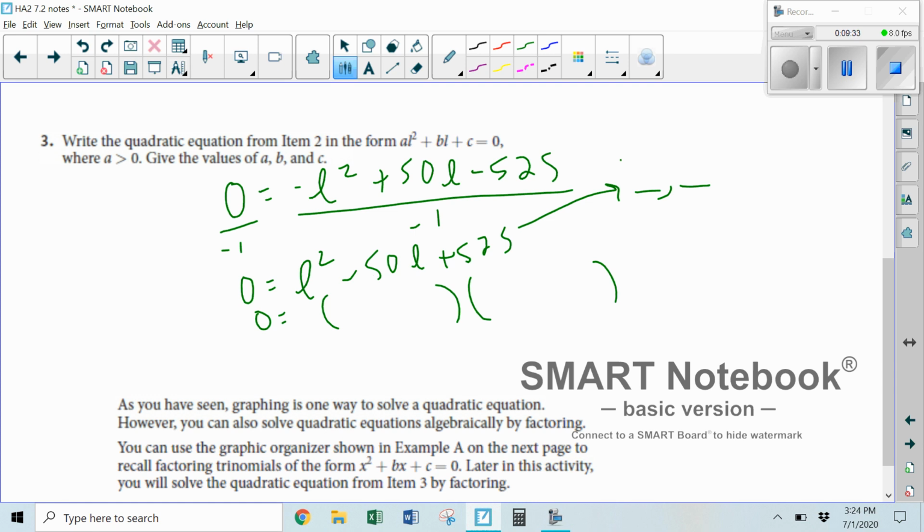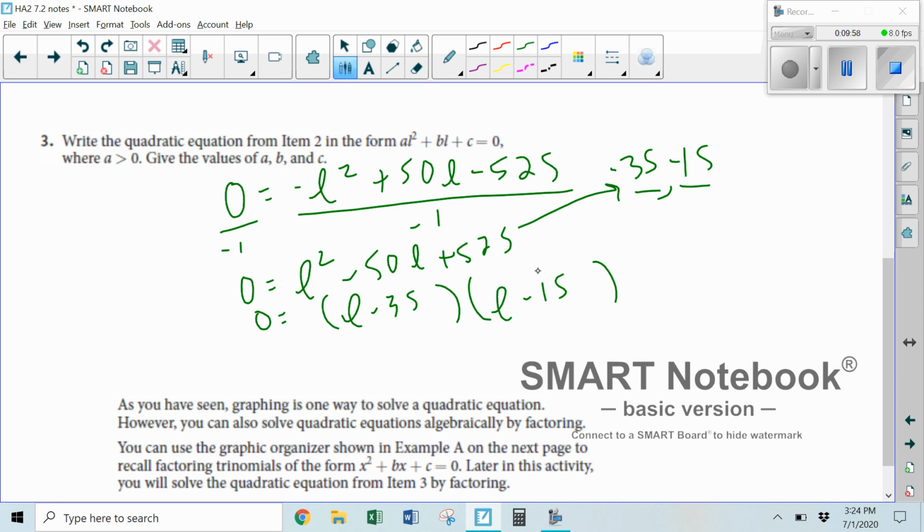You're going to get 35 and 15. 35 times 15 is 525. If they're both negative, they add to negative 50. And if they're both negative, they still make a positive 525. So our factors are going to be L minus 35 and L minus 15.